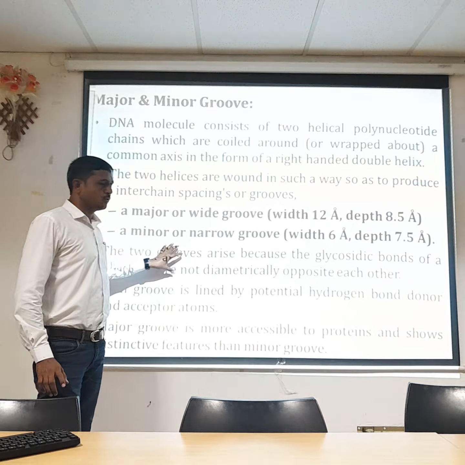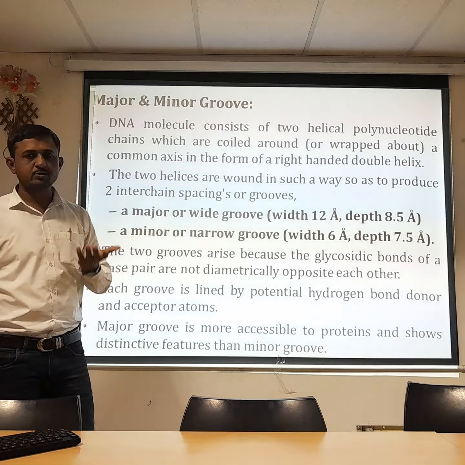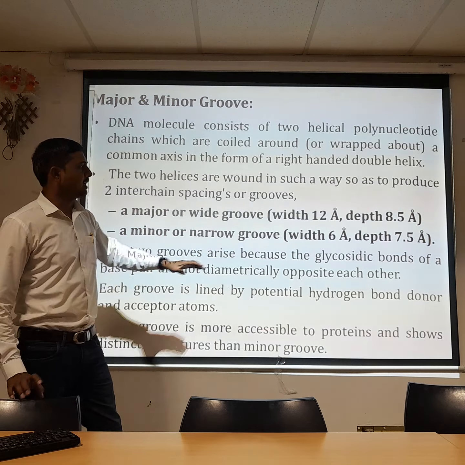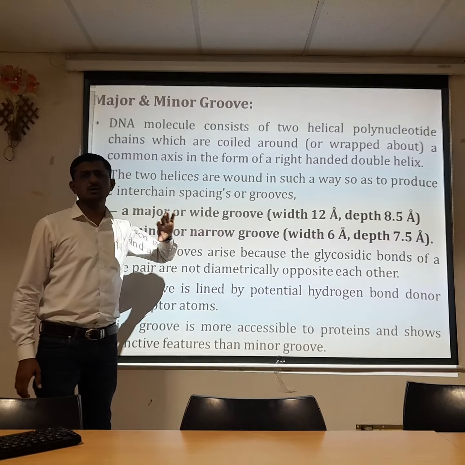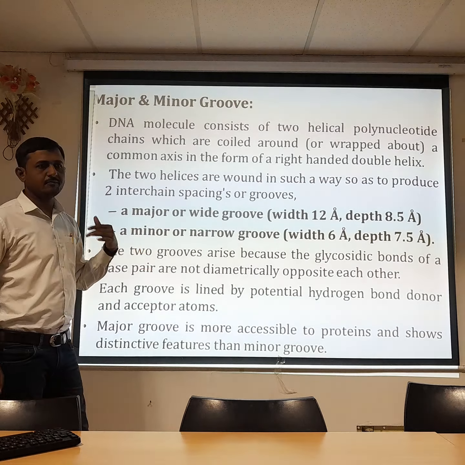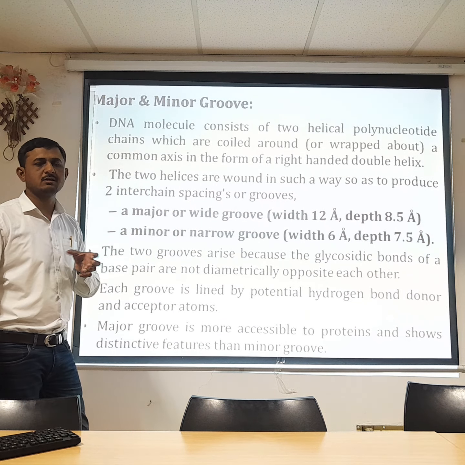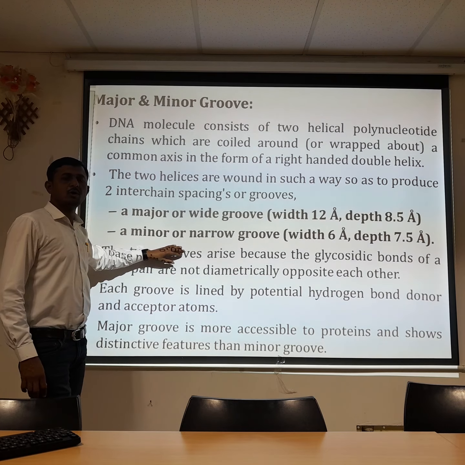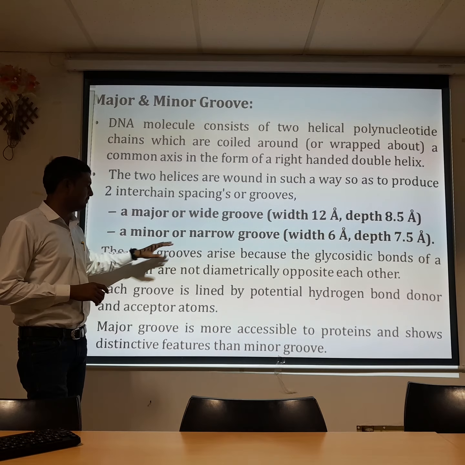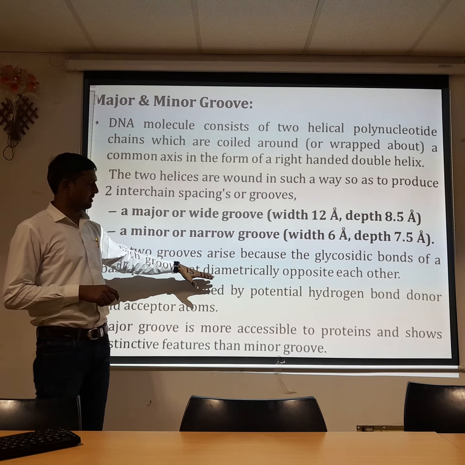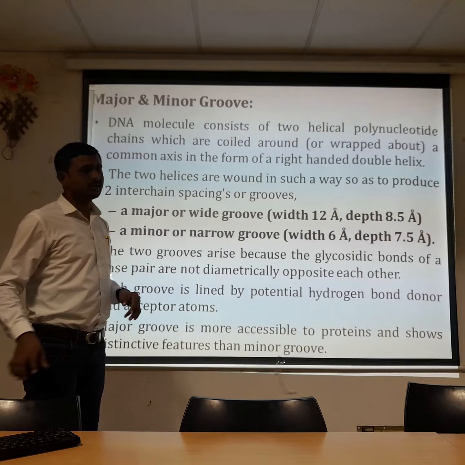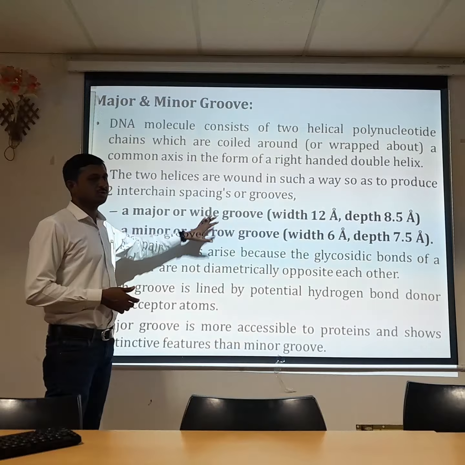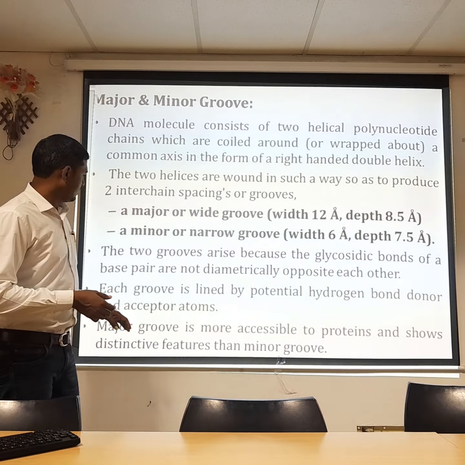When a sugar molecule forms a bond with a nitrogenous base, whether purine or pyrimidine, they form a glycosidic linkage with the removal of a water molecule. The diametrical difference between the two glycosidic linkages is responsible for the formation of these grooves.